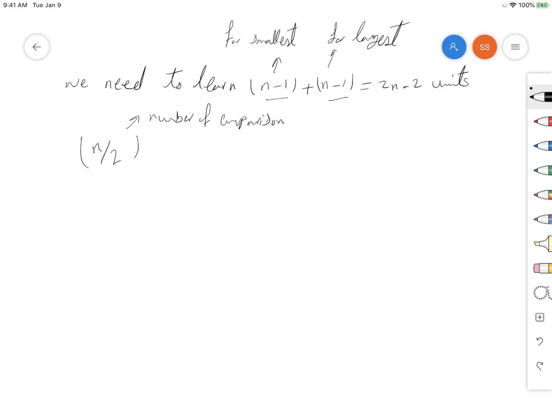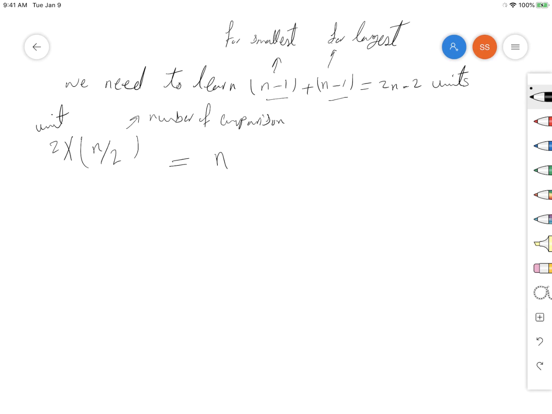And each comparison will give us 2 pieces of information when both keys in each pair haven't had any status before. So that's 2 units of information per comparison, and together it's going to be n units of information.